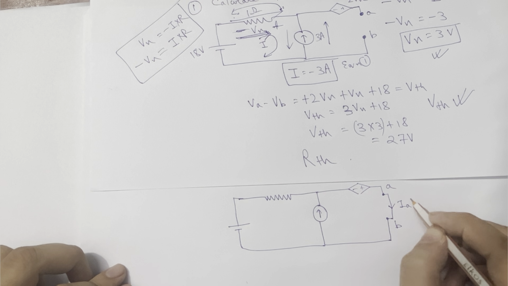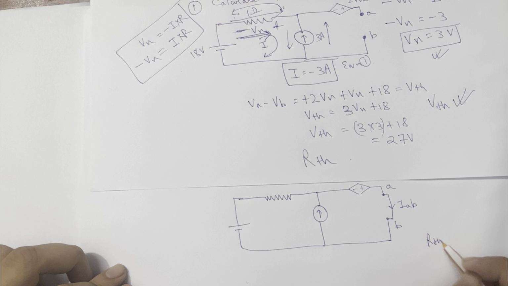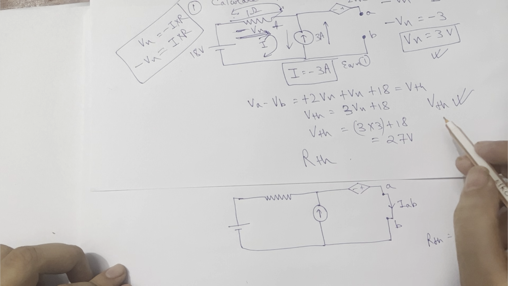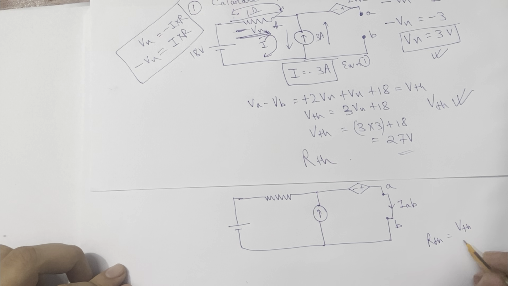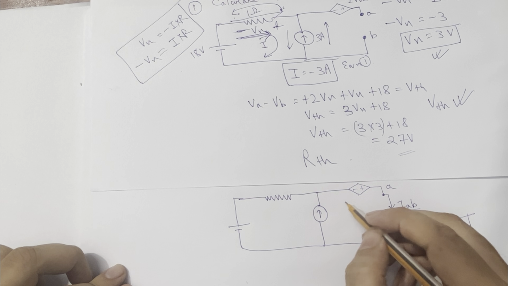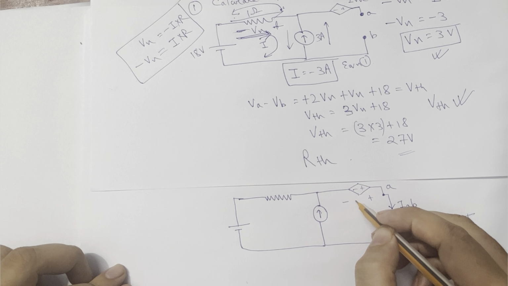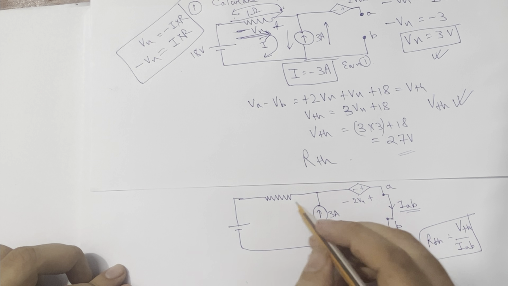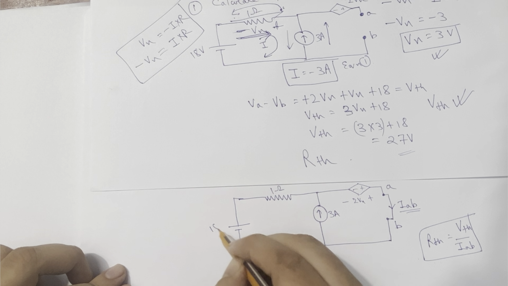This is IAB, and RTH will be nothing but VTH, which we already found, upon IAB. We have to find this IAB. This is plus minus 2Vx, this is 3 ampere, and this is 1 ohm, resistance is 18.